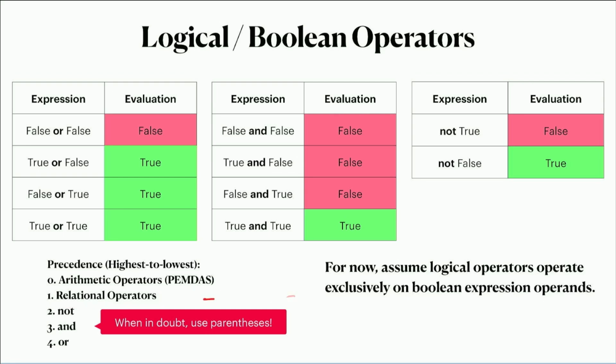And then the next three operators are the logical ones we just went over. It turns out not has a greater order of precedence than and or. And has a higher order of precedence than or, and or is the lowest here.